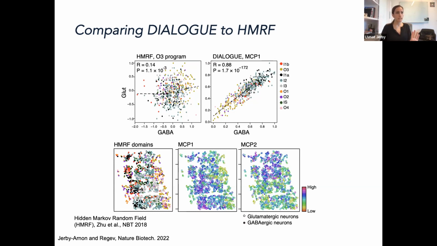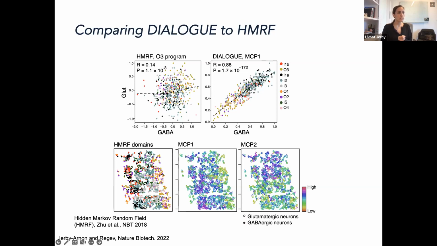And that's a beautiful study. However, it assumes that different cell types are responding in the same way to their environment. This is an intrinsic property of the model that they used.